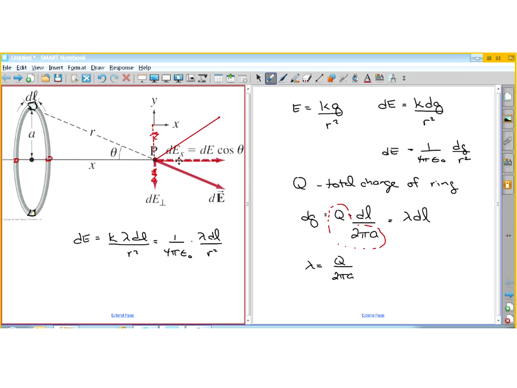So here we have a right triangle, and this is the angle theta. So this angle theta here is also equal to this angle theta there. And if we drew this, this is the opposite side, the adjacent side. So the x component is going to be this hypotenuse times the cosine of theta.